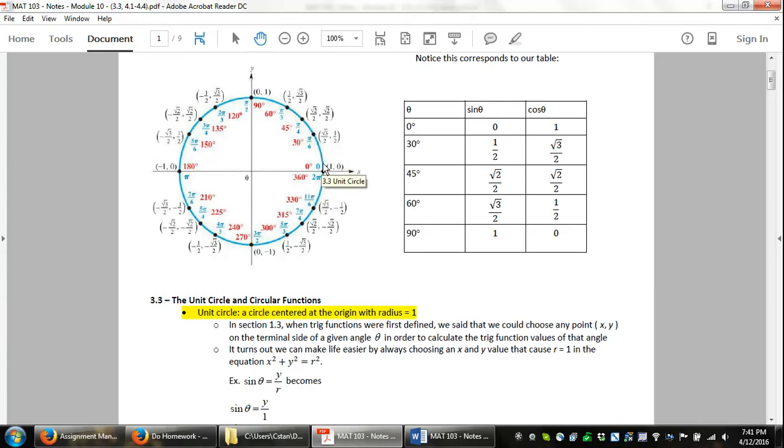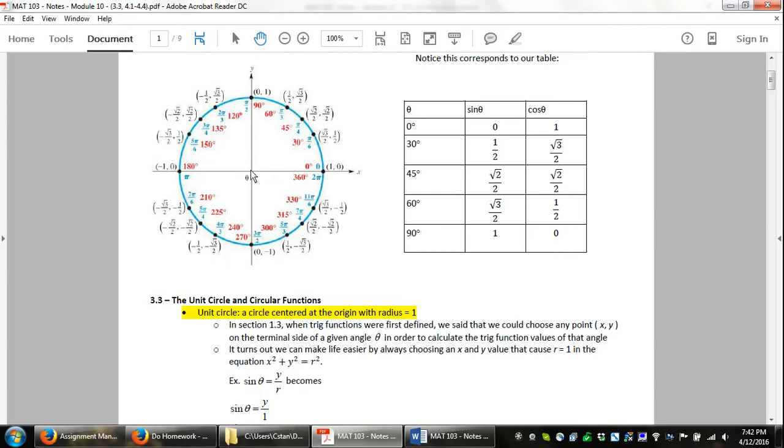So let's talk a little bit about where this comes from. We've talked about angles in standard position plenty. We've defined our trig functions for angles in standard position.